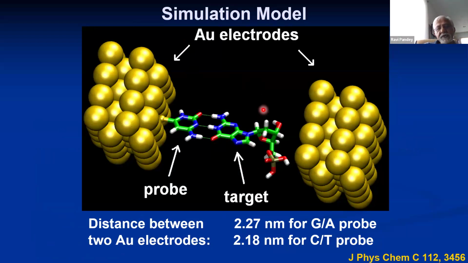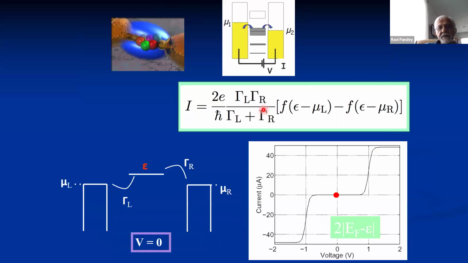So what we use is the so-called semi-empirical non-equilibrium Green's function approach. From DFT, this is the way. I have the cartoon. You can see we are calculating the current in terms of these Green's functions. So I'm plotting current versus voltage, and you can see here this is the left contact, and this is the right contact.